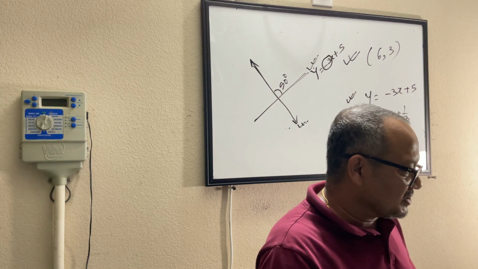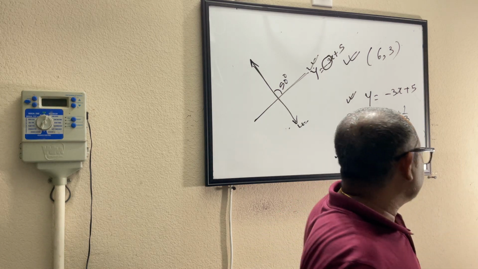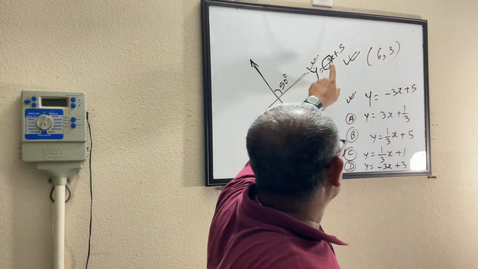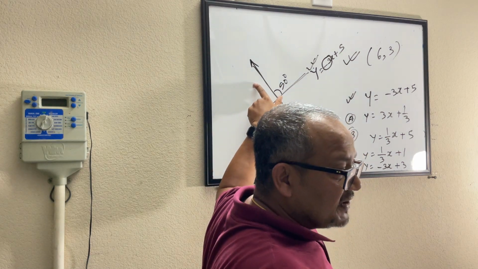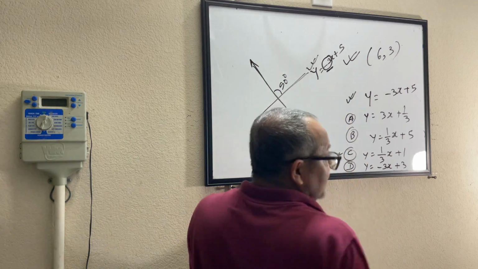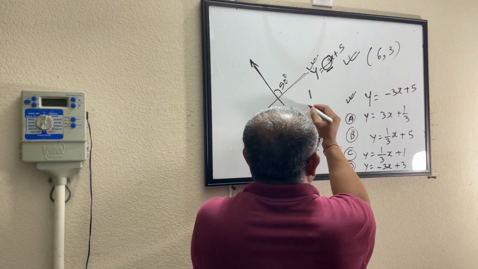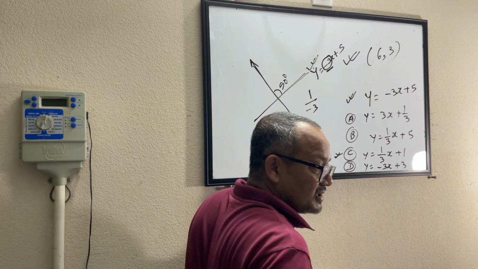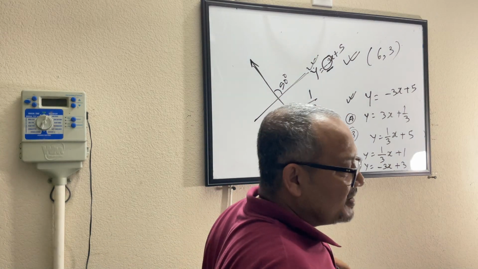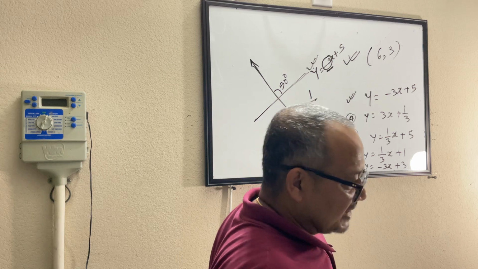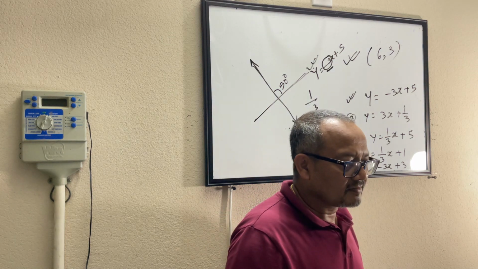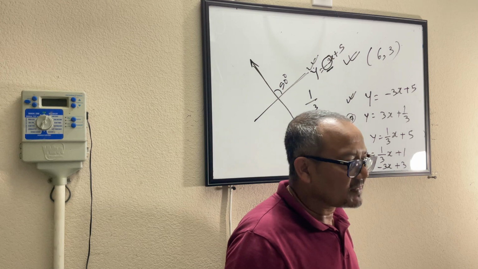You are saying that the slope of the line perpendicular to this will be the reciprocal of this. So if the slope here is minus 3, it will be 1 by minus 3, 1 by 3. Okay, signs also change.